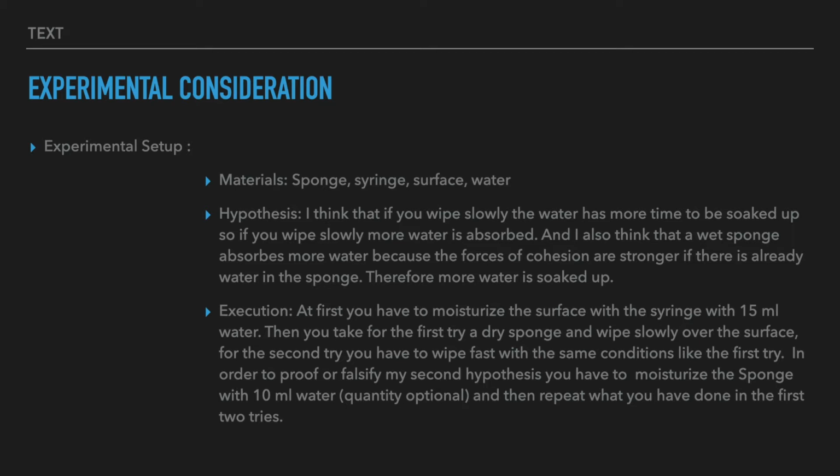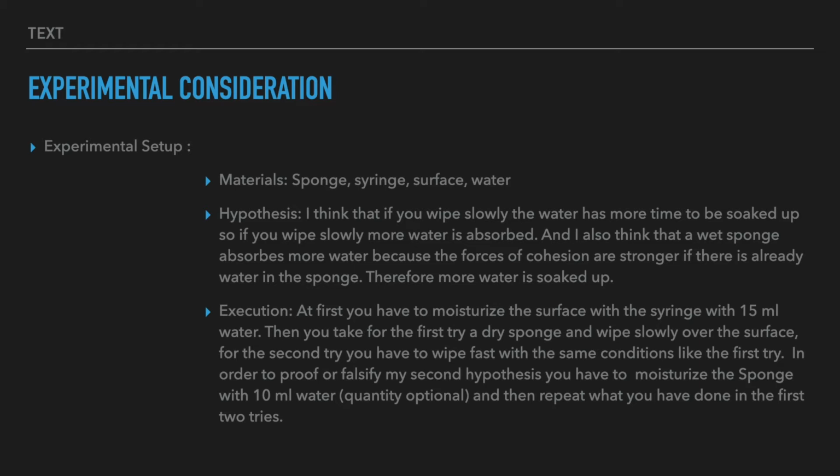So I think that if you wipe slowly, the water has more time to be soaked up, so more water is absorbed. And I also think that a wet sponge absorbs more water because the forces of cohesion are stronger if there is already water in the sponge, and therefore more water is soaked up.